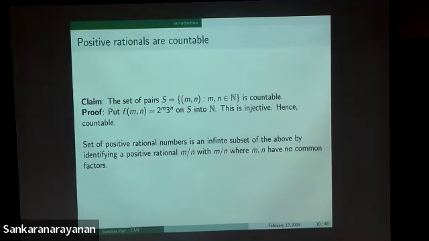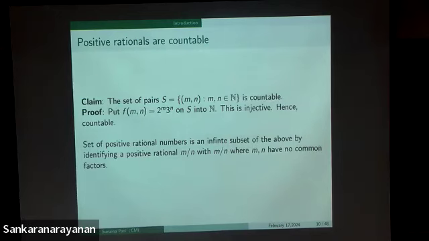Give me two rational numbers, say 4 comma 2 and 6 comma 3. When I deal with rational numbers, these two are the same rational number. So when I'm creating a mapping, they should map to the same thing, right? So just to not get confused, I'll deal with m comma n such that the GCD is 1.